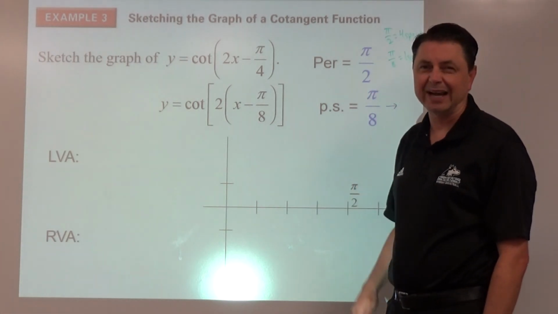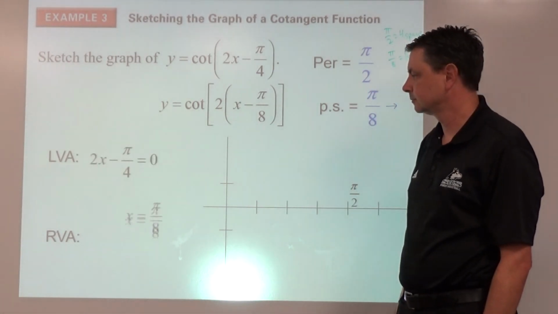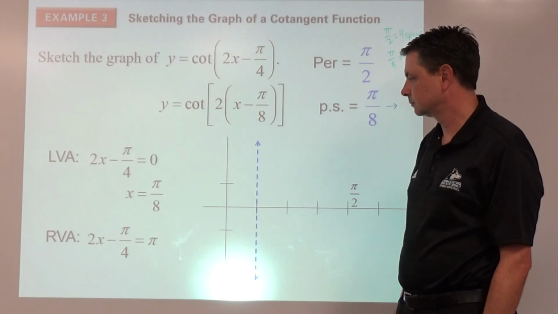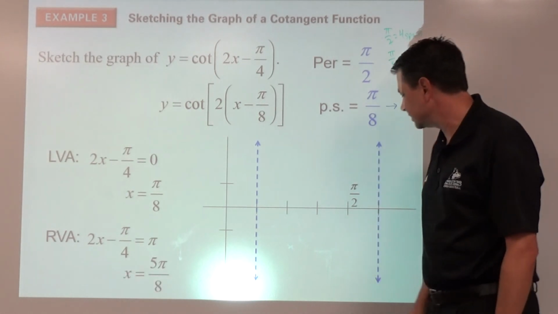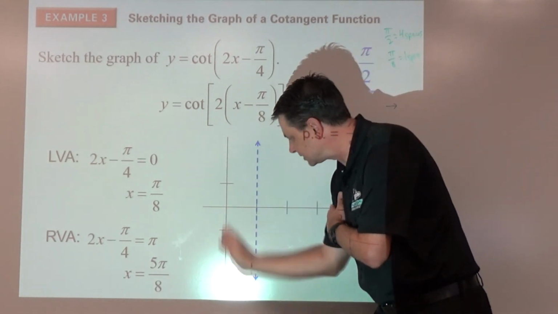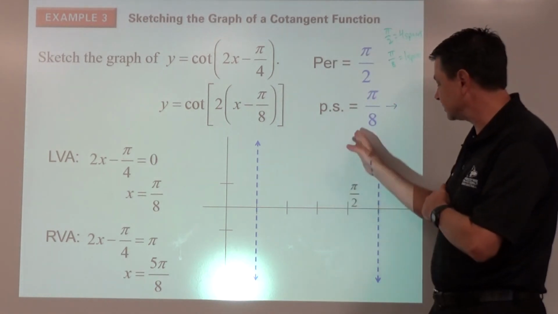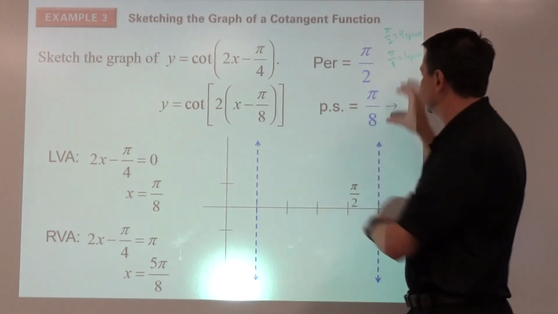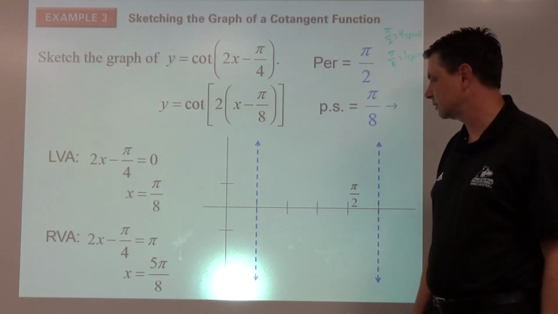Because that would always tie back to the parent function. But as I said, I would just think, okay, it's going to be on the y-axis and the period, and I'm going to shift them right 1 space.